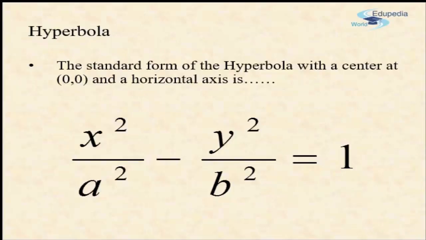We have been talking about this for the past 3 shapes, the concept of h and k: every conic section is centered at h, k. In this case h and k would be 0 because it is centered at 0, 0. So the equation comes out to be x squared over a squared minus y squared over b squared equals 1.